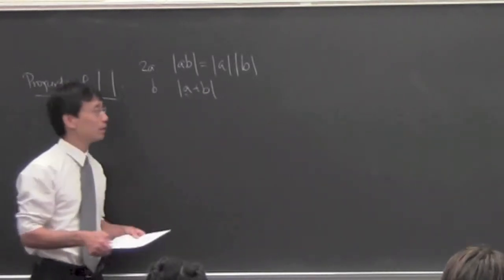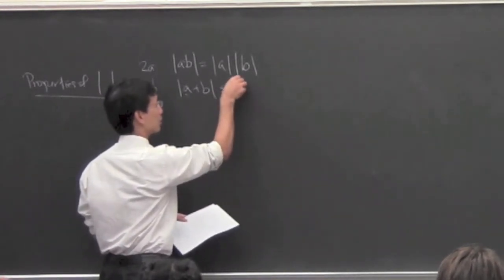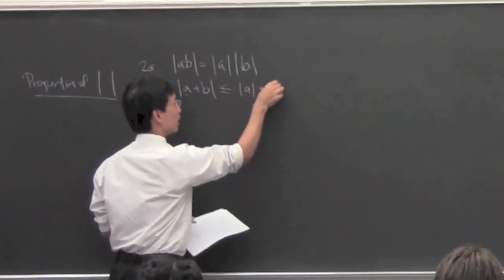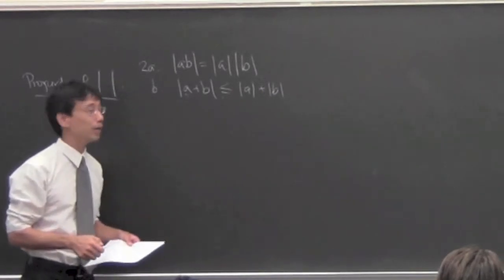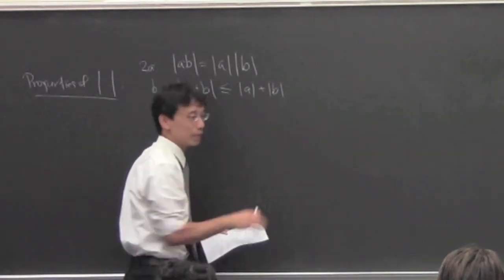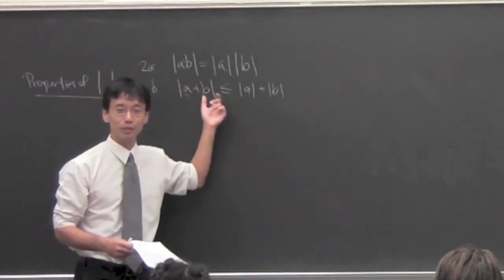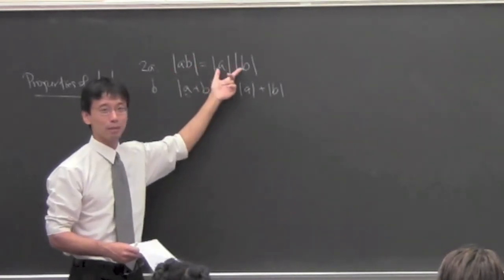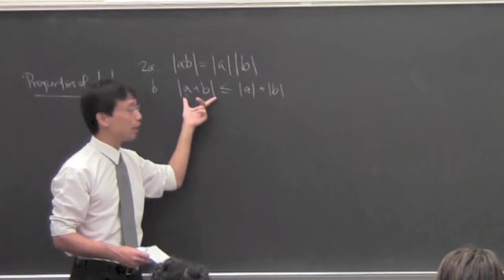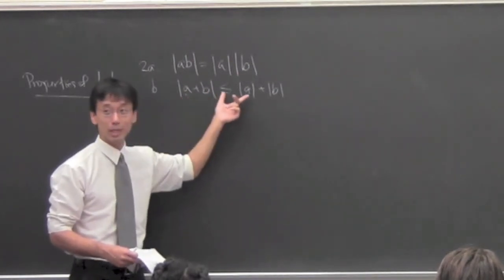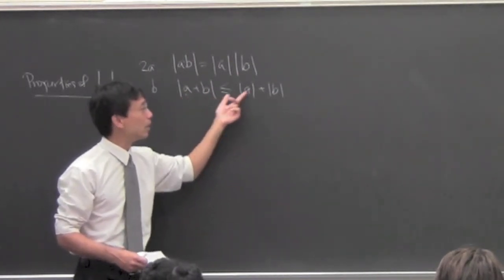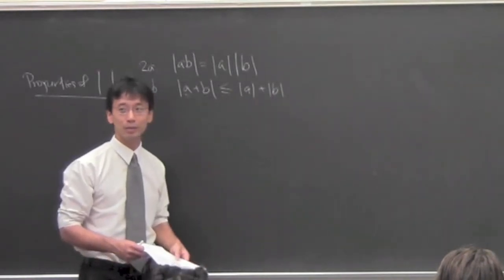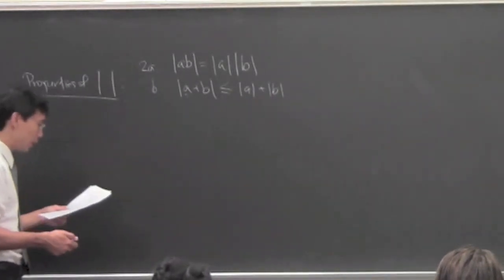It's less than or equal to the sum of the absolute values, right? So it's sort of like, can you change the order of the words? Here the absolute value of the product is the product of the absolute values. The absolute value of the sum is not the sum of the absolute values, but it's dominated by the sum of the absolute values.